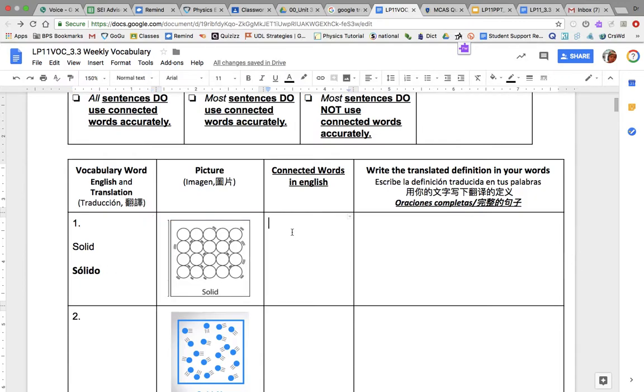I have the picture here. In this place, I want to put the connected words that are underlined and bold.